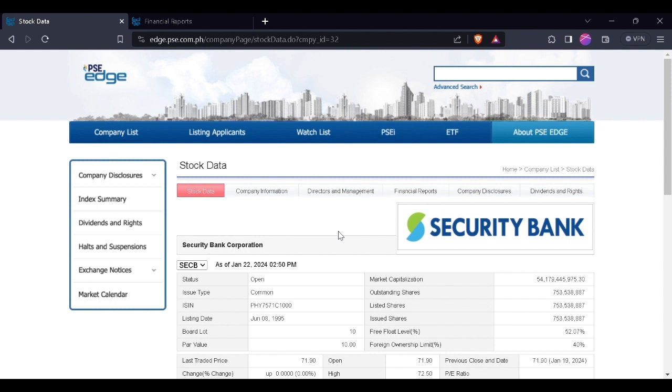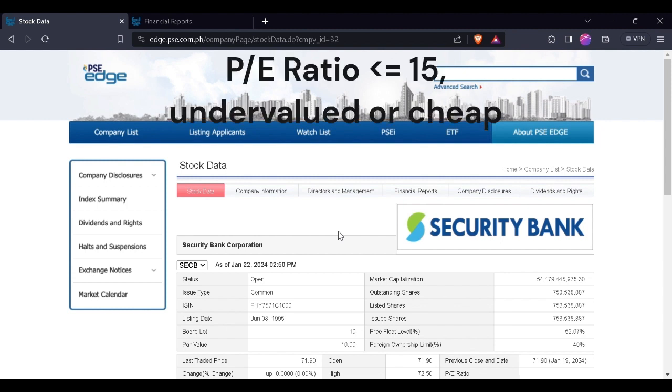You could immediately see their PE ratios there at the beginning of their main page. Okay, so how do you know if a particular stock is undervalued or overvalued using the PE ratio alone? In the book The Intelligent Investor, if the ratio is 15 and below, that signifies that your stock is undervalued.